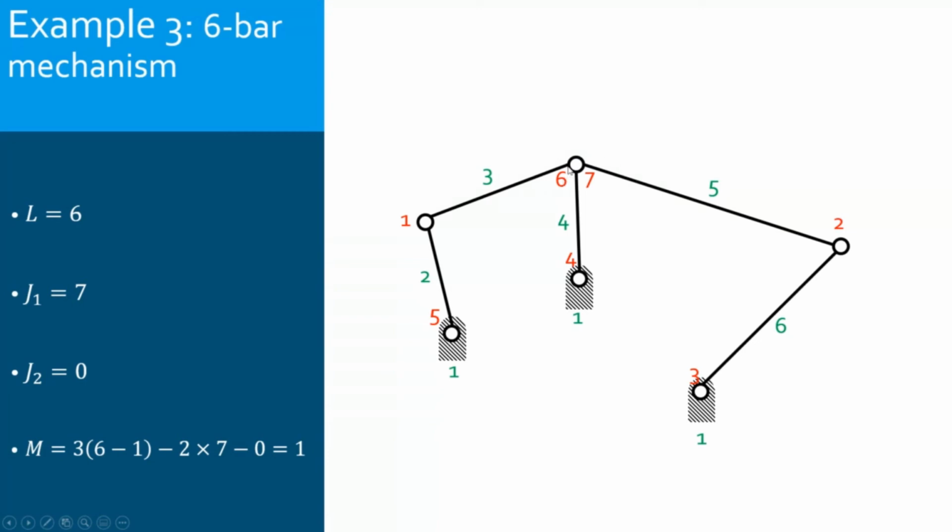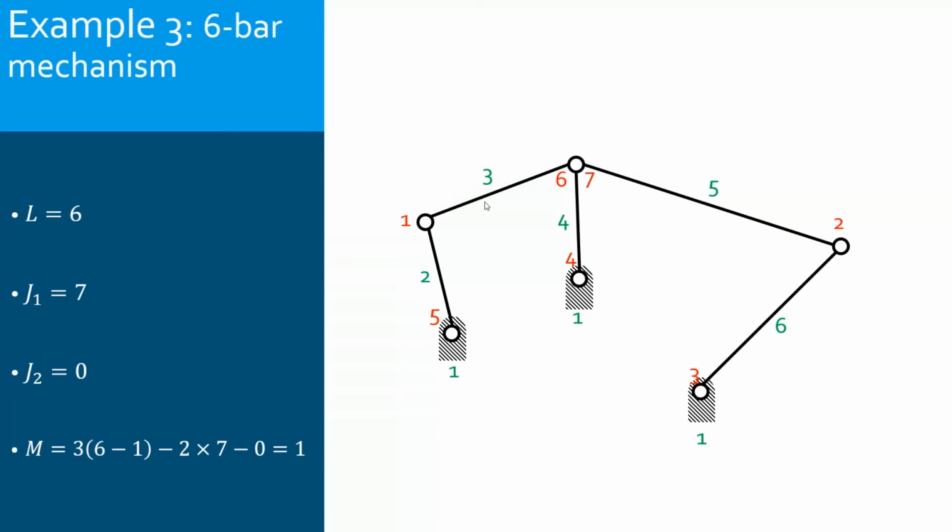So that's why it is of order 2, and that's why I'm counting it twice. So I have 5 pin joints with order 1, each counted once, and I have 1 pin joint of order 2, and I will count it twice. So in all, I will have 7 pin joints, 7 lower pairs.